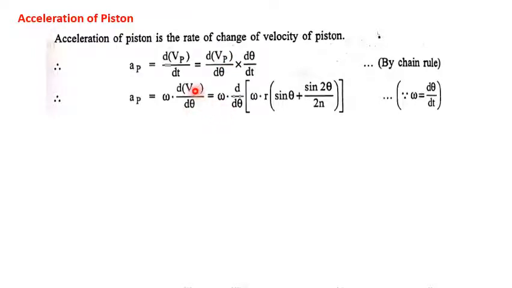Now I substitute the Vp value, omega into r into sine theta plus sine 2 theta by 2n, and we differentiate this Vp value with respect to d theta.